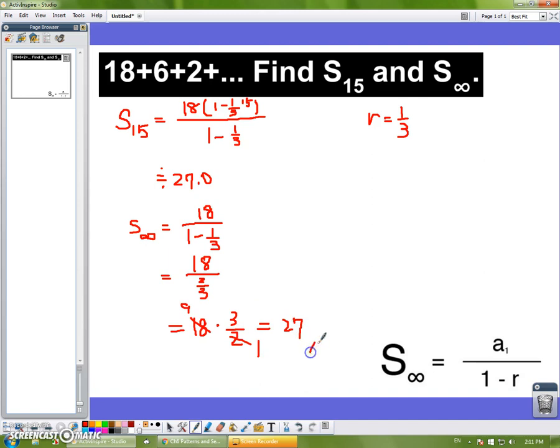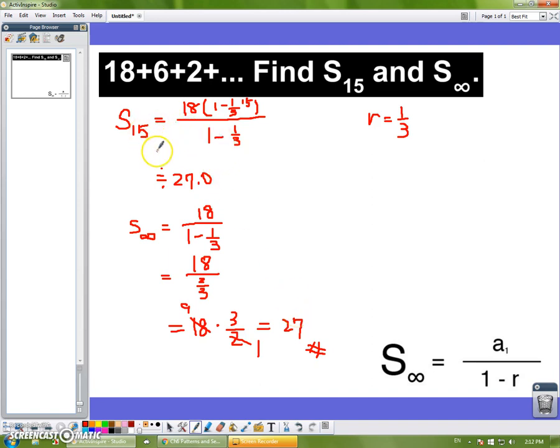Okay. And this is not rounded up. This is exactly 27. Which is pretty interesting if you think about it. Because 18 I multiply by 1/3 to give me 6, multiply by 1/3 to give me 2, the next one is going to be 2/3, and then that keeps on going. And if I keep on adding that for infinitely many times, I'll get 27. You see that?